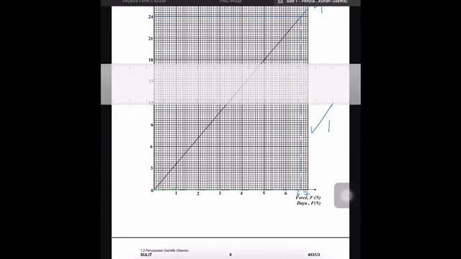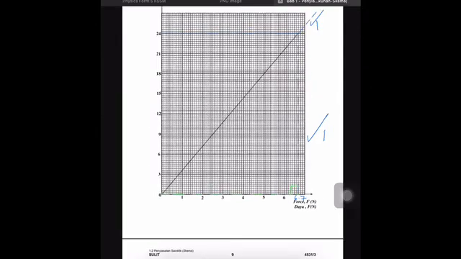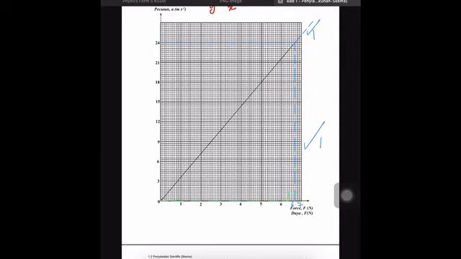You already have the previous one, and remember to put this small right angle, and then you find out the calculation.